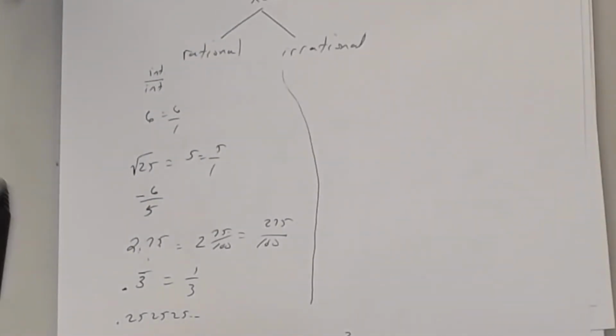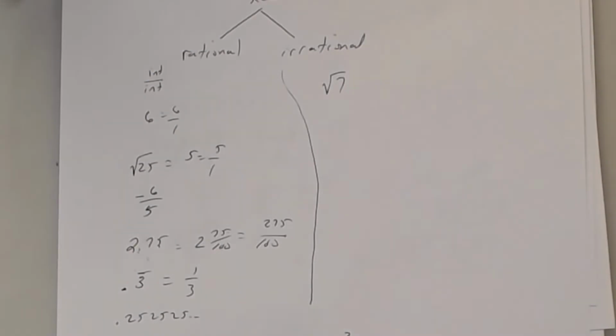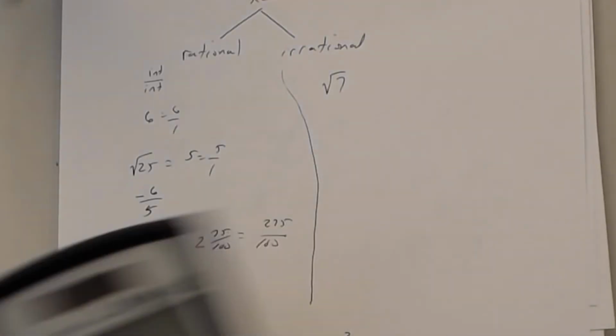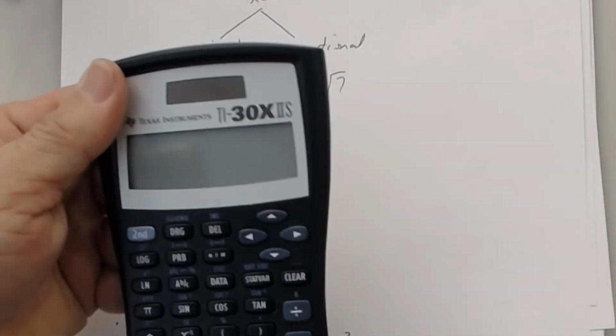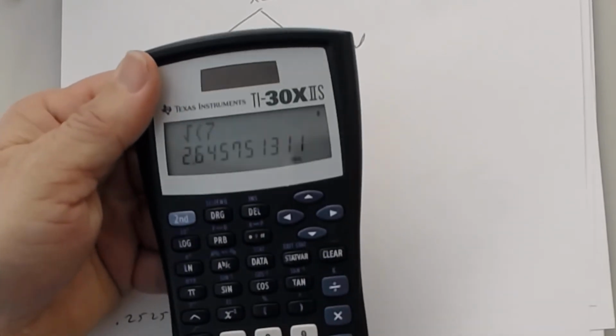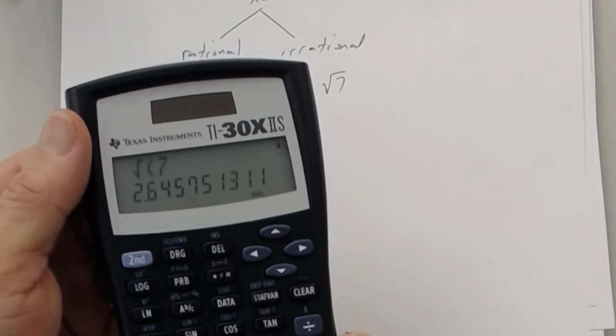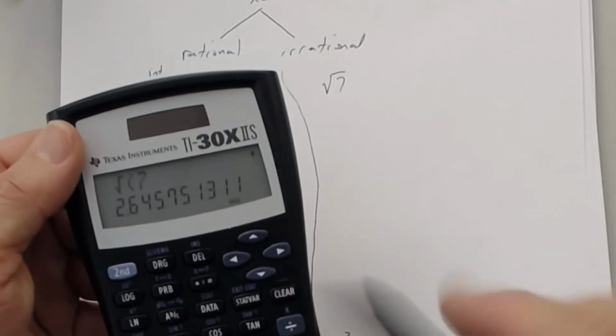Let's talk about irrational numbers. An irrational number is a number that's not rational. So, for example, the square root of 7 is an irrational number. Because if you put the square root of 7 in your calculator, this is what you see: 2.645751311, and so on.